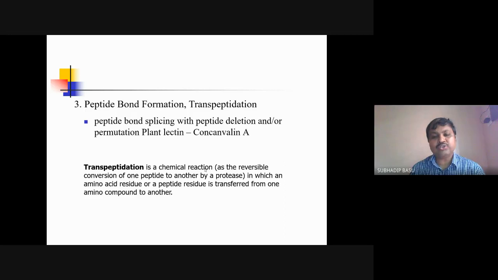Transpeptidation is a chemical reaction, a reversible condition, in which one peptide becomes another peptide through a protease, where an amino acid residue or a peptide residue is transferred from one amino compound to another. So this is called transpeptidation.